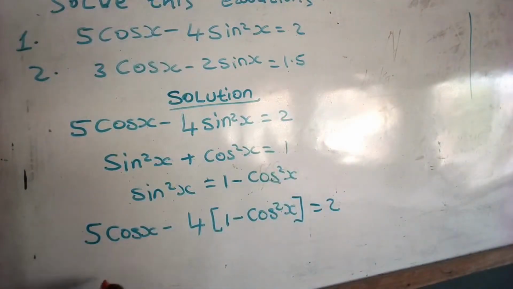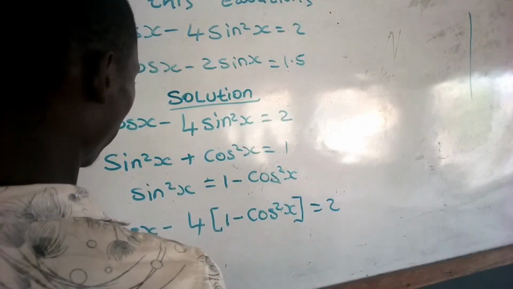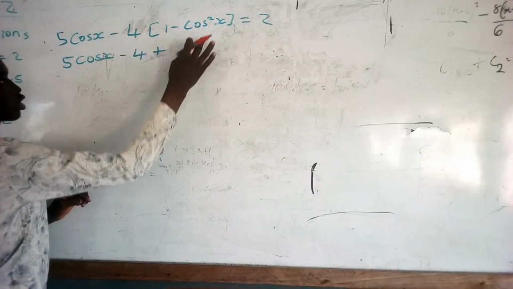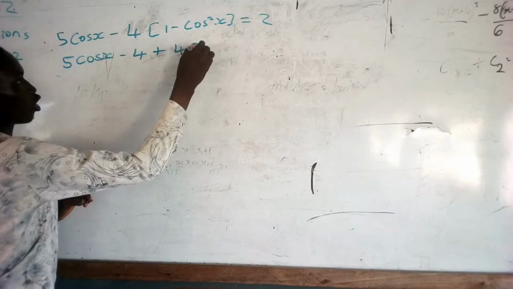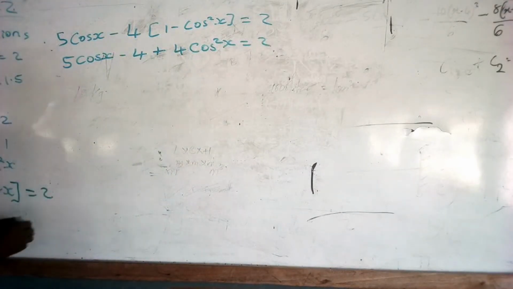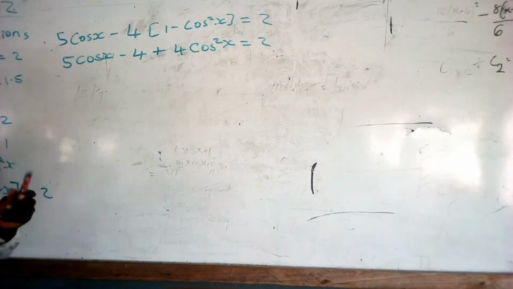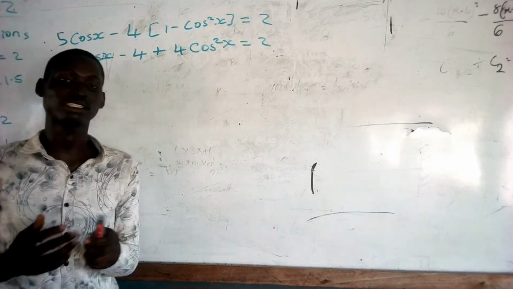So now this 5 cos s minus 4 times 1 minus cos square s gives 5 cos s minus 4 plus 4 cos square s equals 2. From here, we're going to arrange this in descending order.